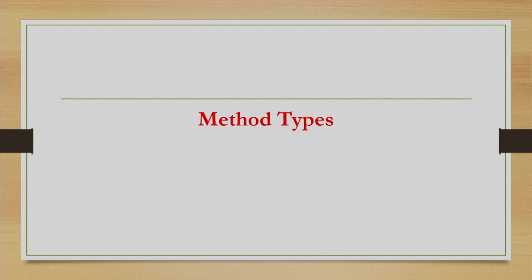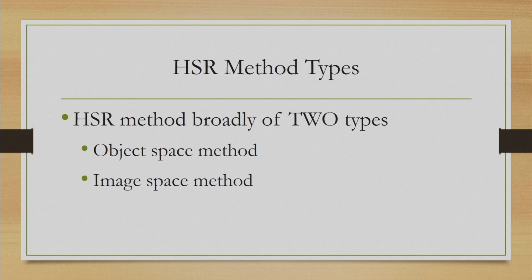Now, let us go into the details of the methods that are there to detect and eliminate hidden surfaces. There are many methods. All these methods we can broadly divide into two types. One is object space method, the second one is image space method. So, what is the idea behind these methods?